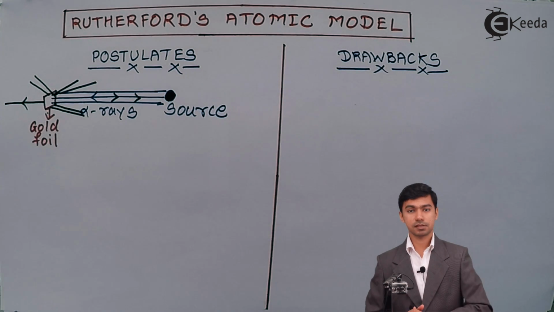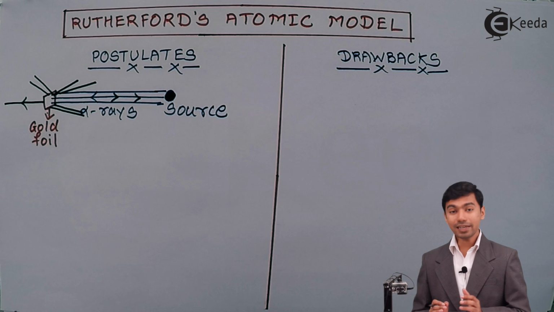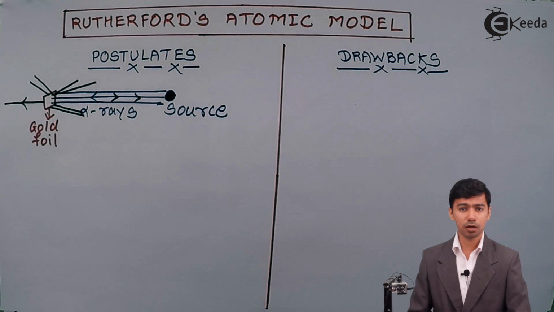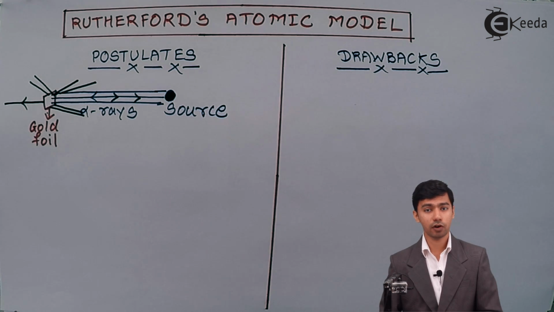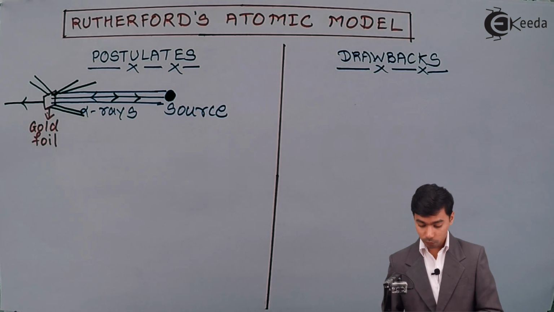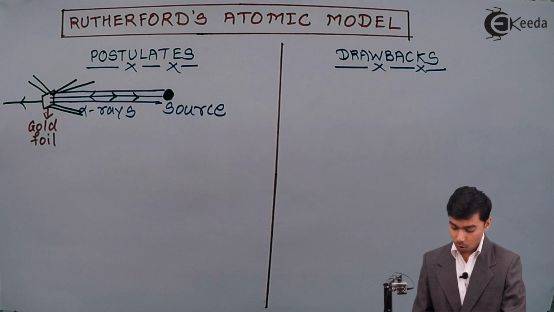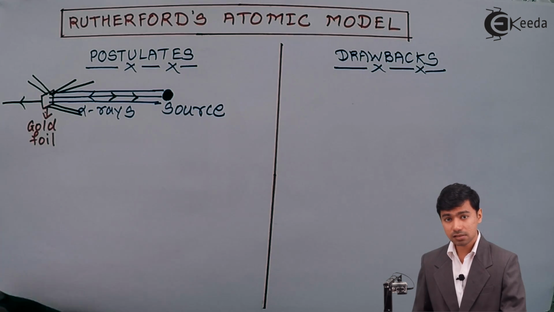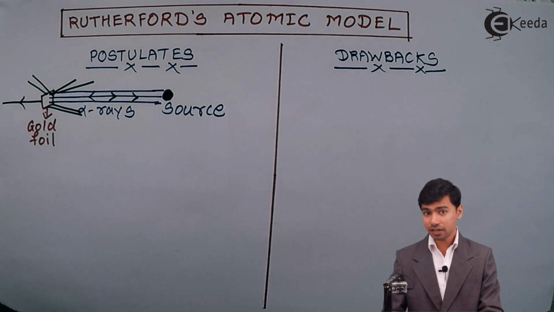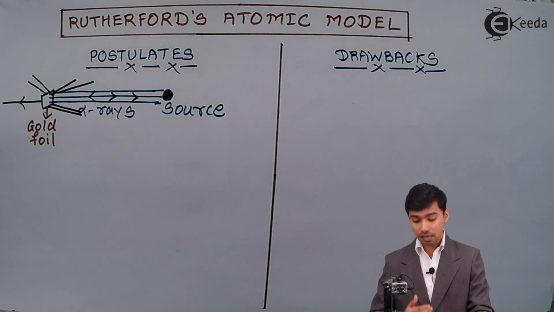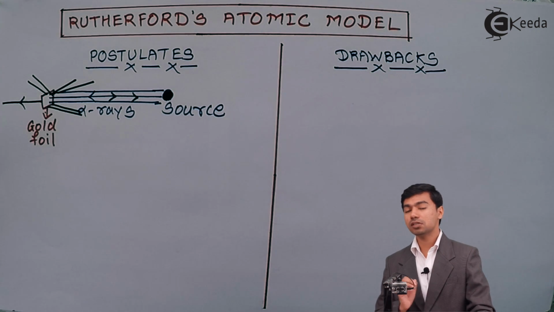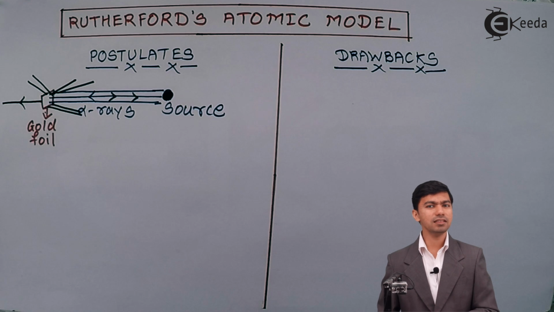Now how does this come about? Because the only kind of rays Rutherford passed onto that gold foil were alpha rays. But whenever these alpha rays passed through the gold foil, some of the rays got scattered, some went undeviated, and some moved back in the same direction. Now why did this happen?